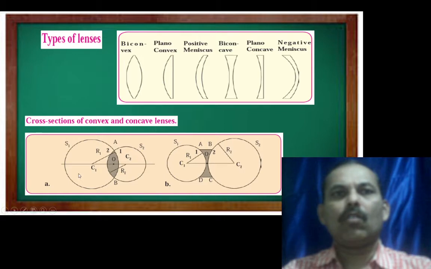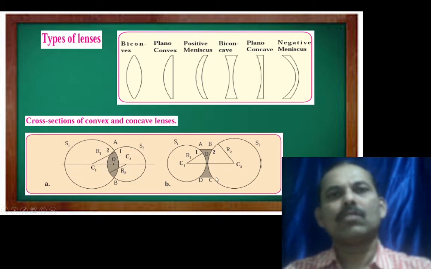This is a convex lens, which is a part of these hollow glass spheres, and this is the concave lens, which is also part of these two spheres, in which this is the center, these are the centers, this is the radius, and these are the different parts of that lens.